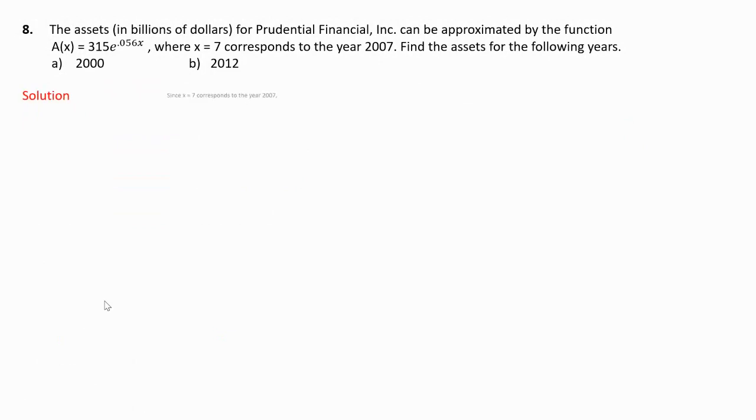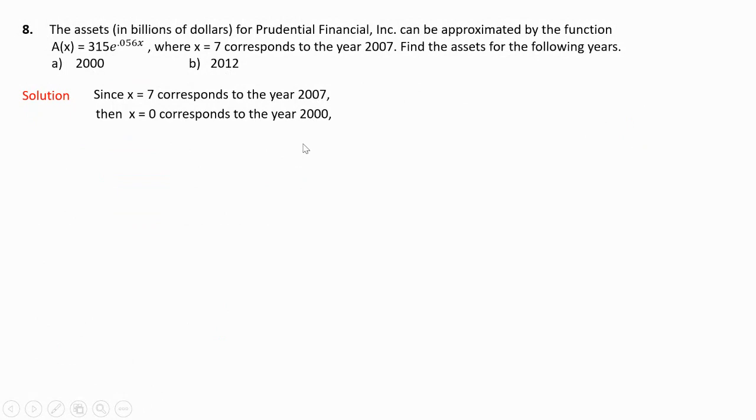All we do is evaluate the function. I'm going to evaluate it at 0 and at 12, because if x equals 7 corresponds to 2007, then 0 corresponds to 2000 and 12 corresponds to 2012. So for part A, I evaluate the function at 0, and for part B, at 12.